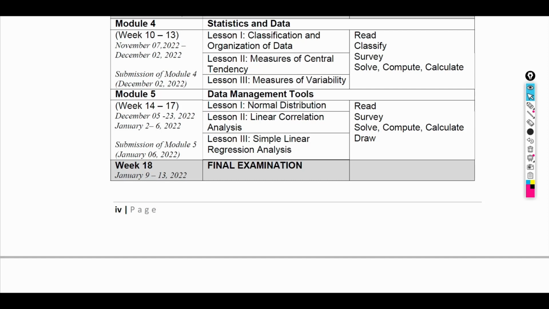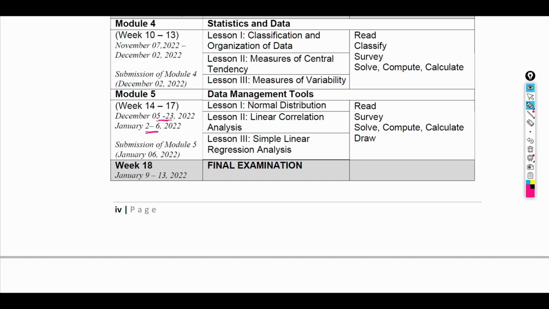Now for Module 5, another 4 weeks to consume, from December 25 to 23 and January 2 to 6.